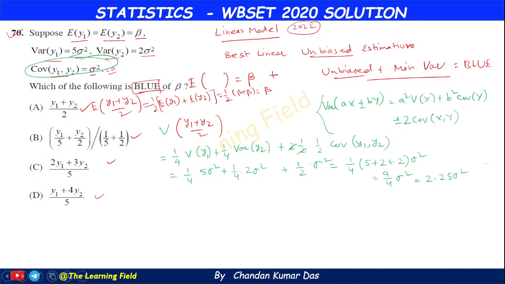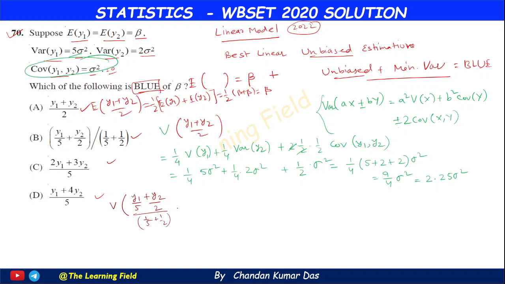Okay, now we calculate the second part, option B. So variance of (y1 by 5 plus y2 by 2) divided by (1 by 5 plus 1 by 2).